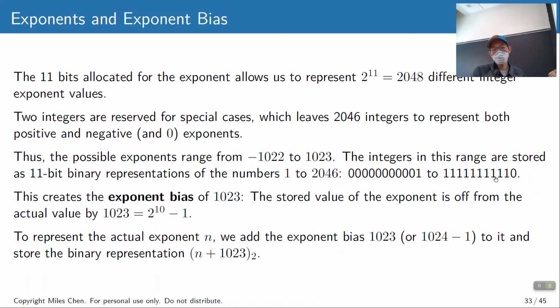And this value, if you converted it from binary to decimal, is 2,046, and we subtract off 1,023 from this. The value we store in the exponent is adjusted by this exponent bias of 1,023, which is 2 to the 10 minus 1.